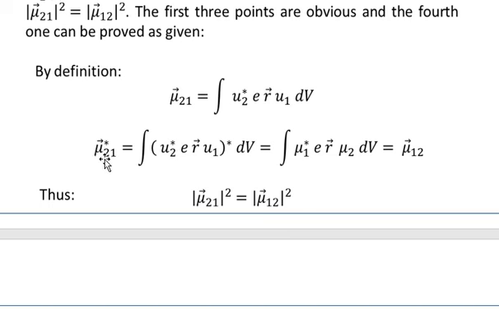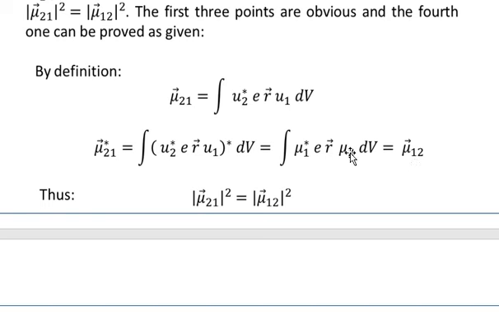So we have mu21 star equal to the integral of the complex conjugate of the integrand, with the integration variable dv. Applying the conjugate on all the terms, we have u1 star, e r, u2 and dv, and by definition this is equal to mu12.